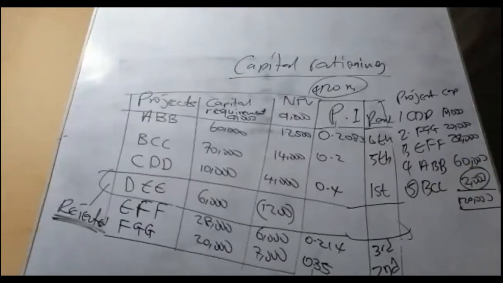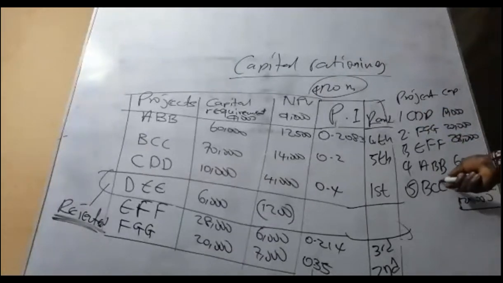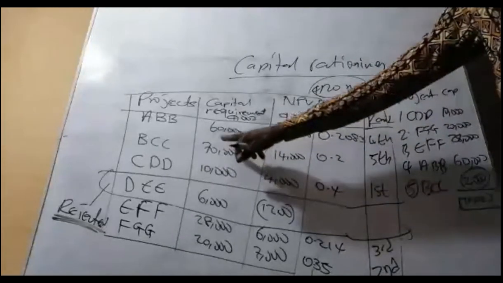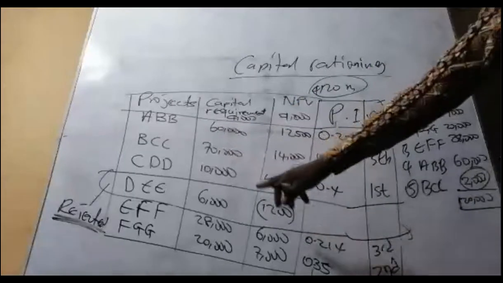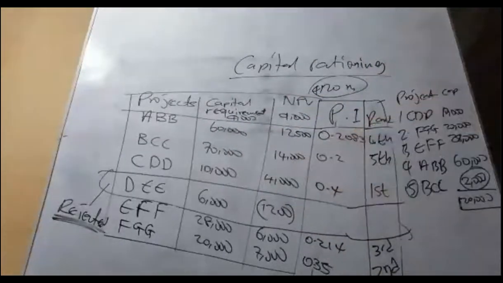Now, what will be the total NPV for this decision? You add all the NPV over here, but when you go to BCC, just take 2,000 out of 70,000, then multiply by the NPV of 14,000.